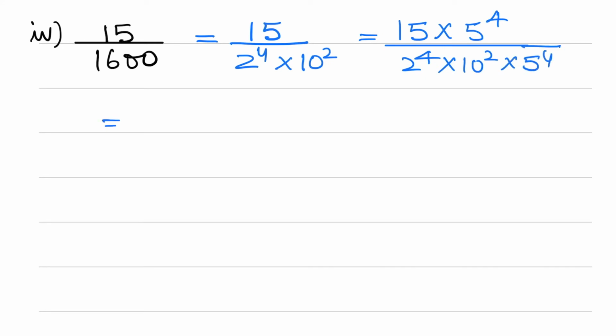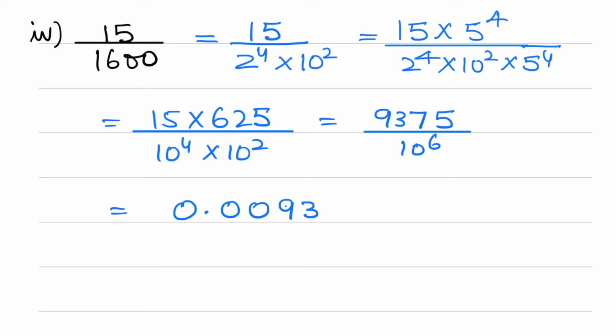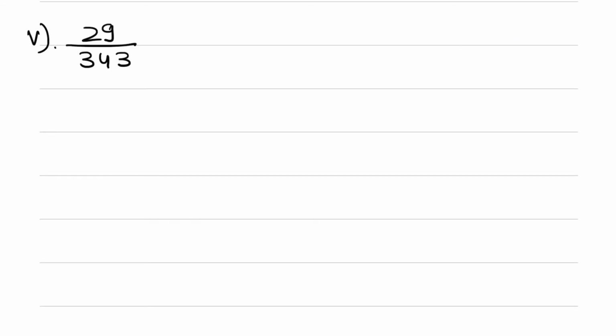This would be equal to 15 into 625, divided by 10 raised to the power 4 into 10 raised to the power 2. This is equal to 9375 divided by 10 raised to the power 6. This can be written as 0.009375. That's the answer.